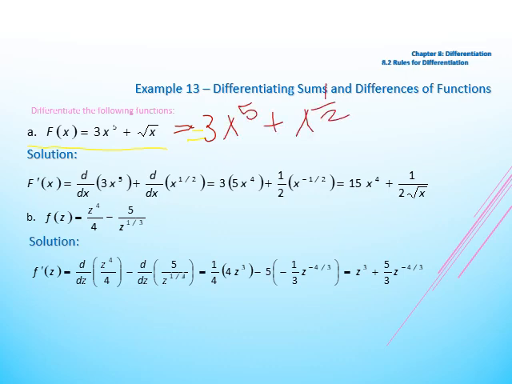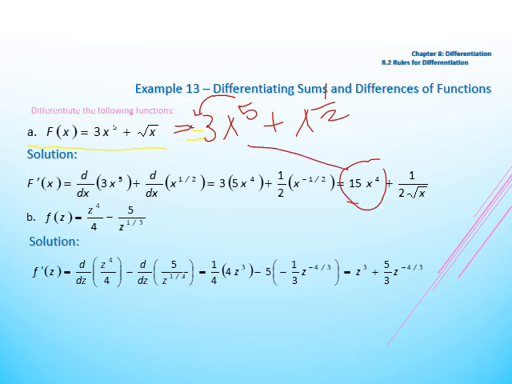As in the examples in the previous slides, we use the basic rules to get the differentiation. Here 3 times 5 equals 15, and 5 minus 1 equals 4.